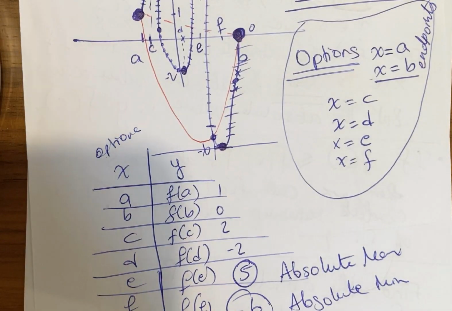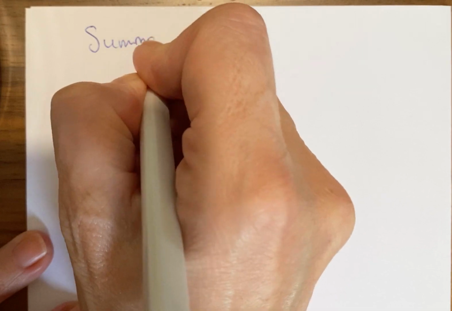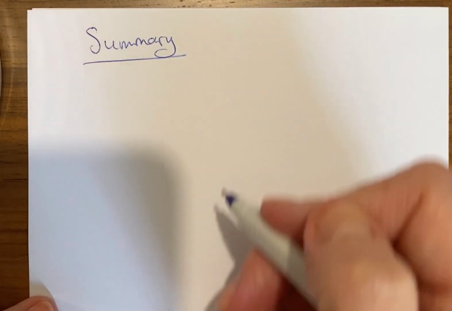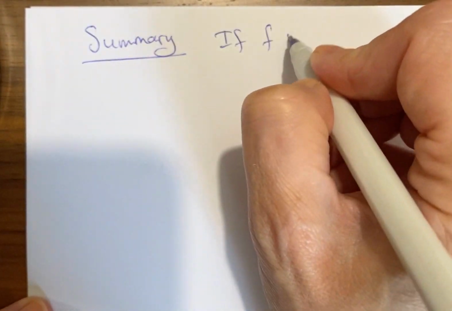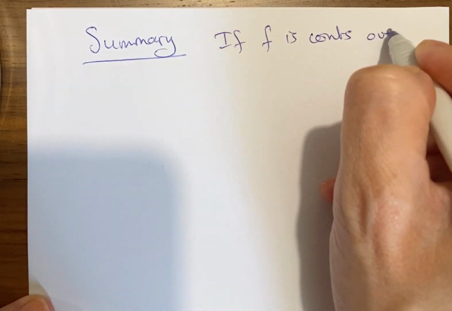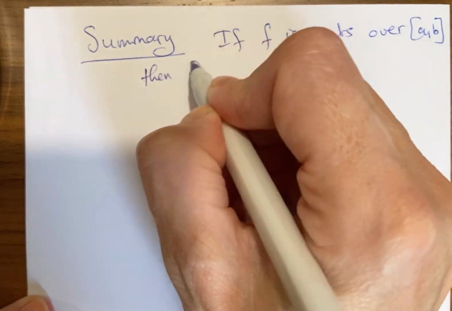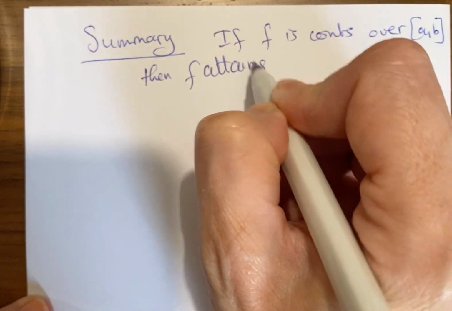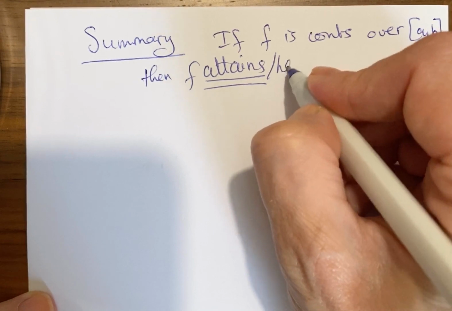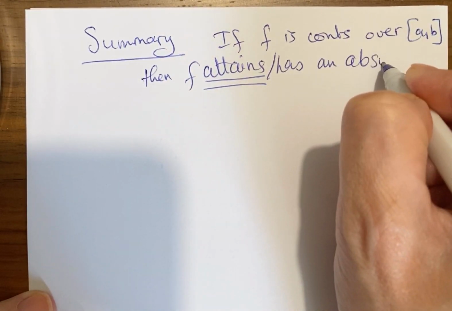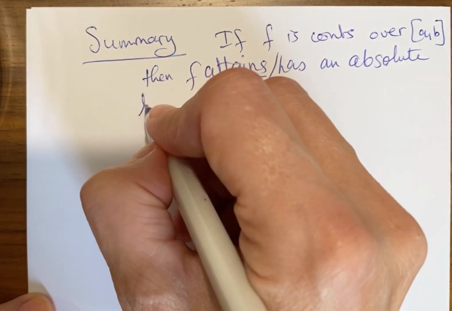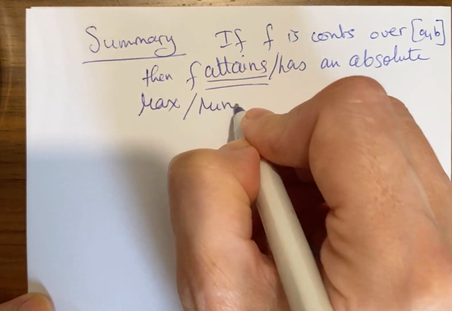So when the extreme value theorem works, as a summary for you to now have the technique of solving: if f is continuous over a closed interval AB, then f has an absolute max for sure, this is for sure, and a min.